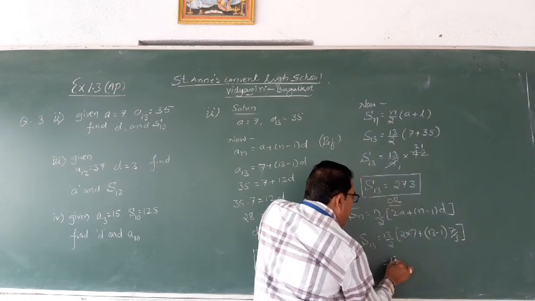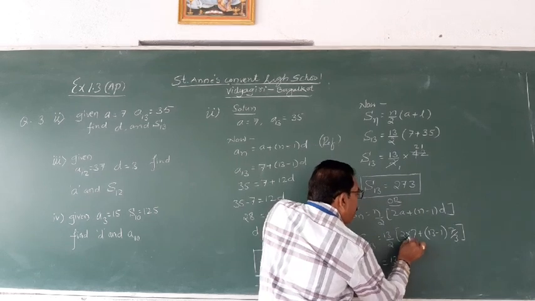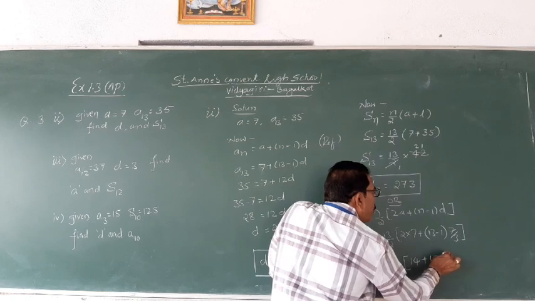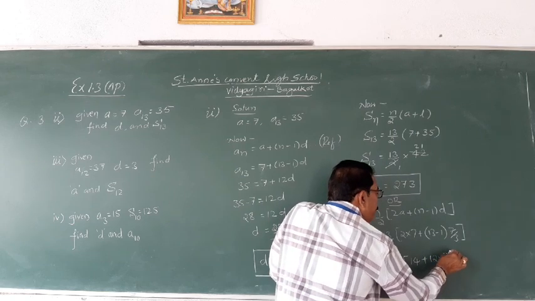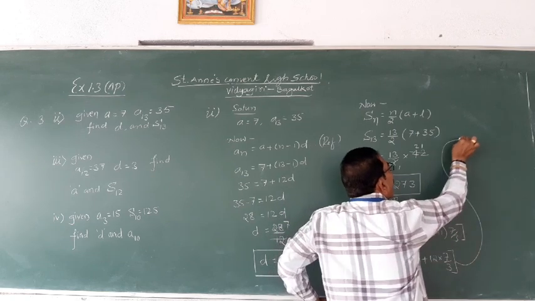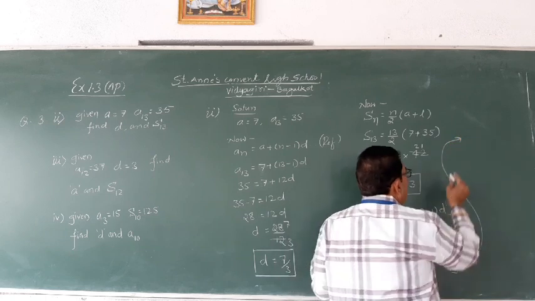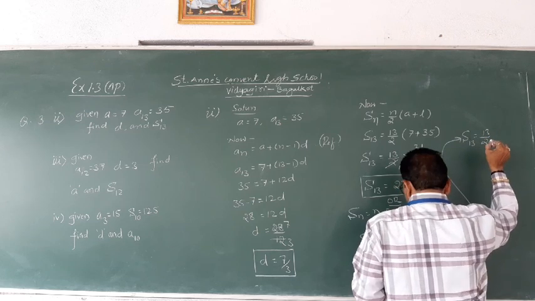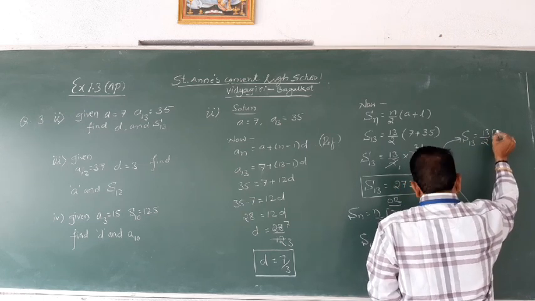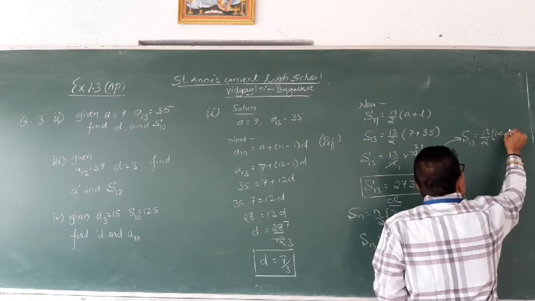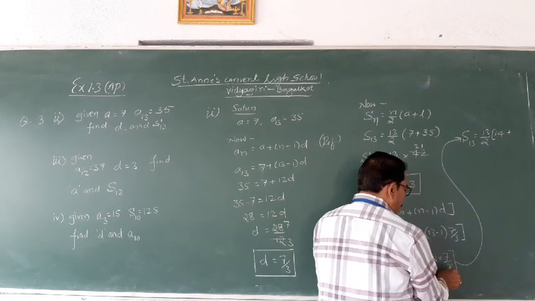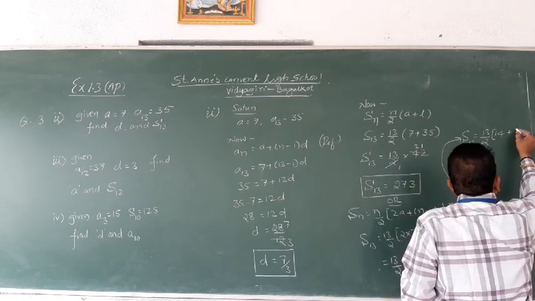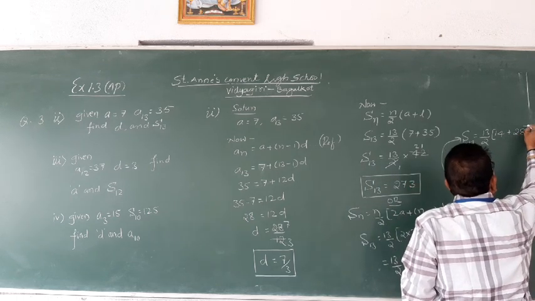Okay, 13 by 2 in the big bracket 7 2s are 14 plus 12 into 7 by 3. See, S13 equals 13 by 2 in the big bracket 14 plus, we have to cancel here, 3 4s are 12, that is 7 into 4, 7 4s are 28.